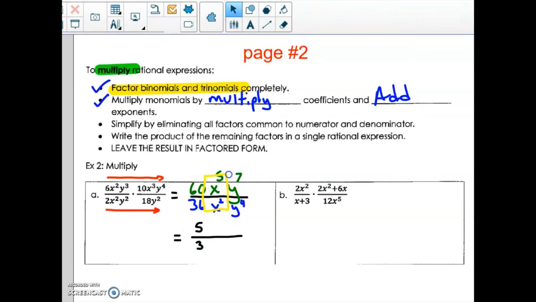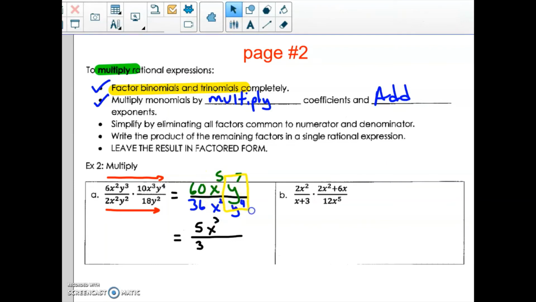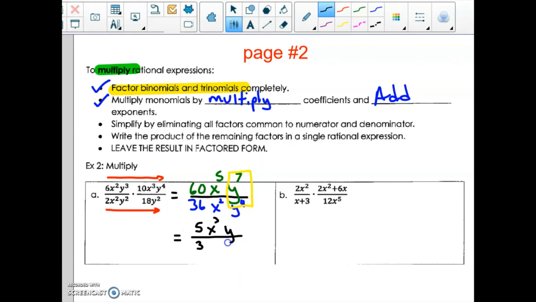Then we simplify the x's by subtracting the exponents. 5 minus 2 is 3. It's going to be x to the third on top because there are more x's on top than on the bottom. And then we'll do the y's. 7 minus 4 is y to the third also.